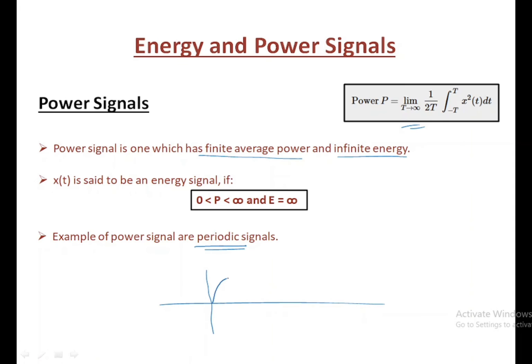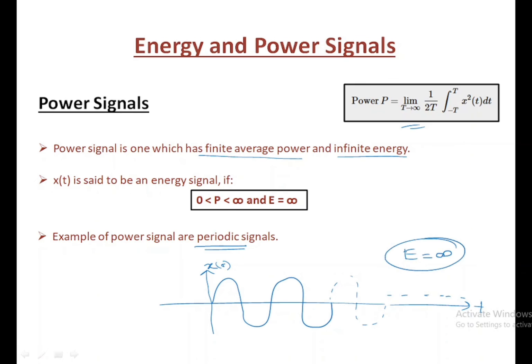Let us take the example of a sine wave again. We know that a sine wave flows like this and goes on to infinity. Can you find its energy? Of course not. Why? Because its energy will have an infinite value which cannot be determined. For such signals, whose energy cannot be calculated because it is infinite, we go for power.